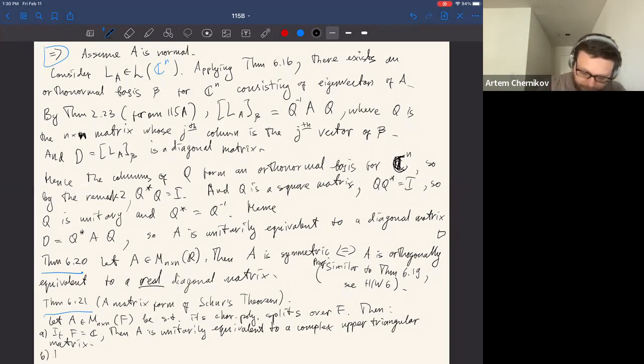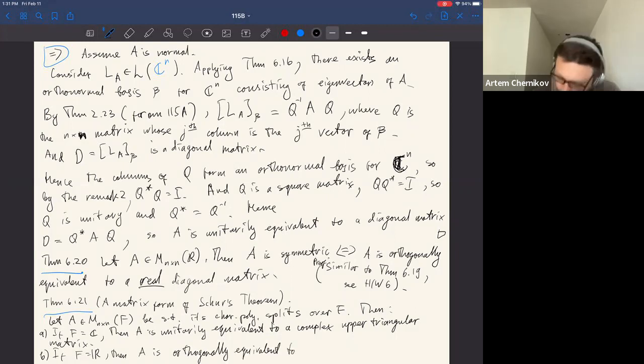And in the case of the field of reals, so if F is equal to R, then A is orthogonally equivalent to a real upper triangular matrix.